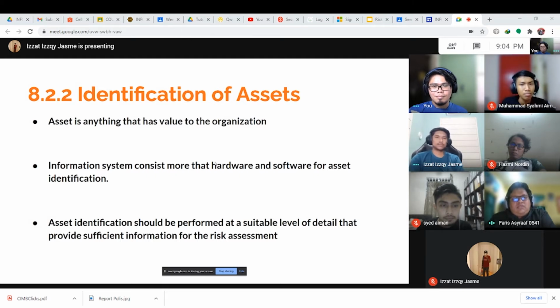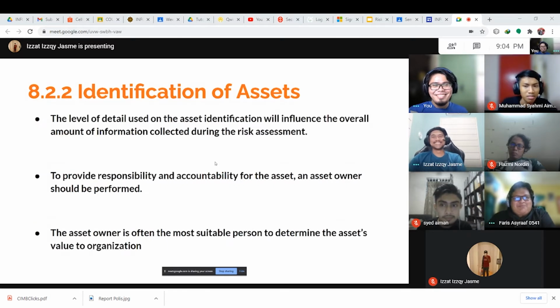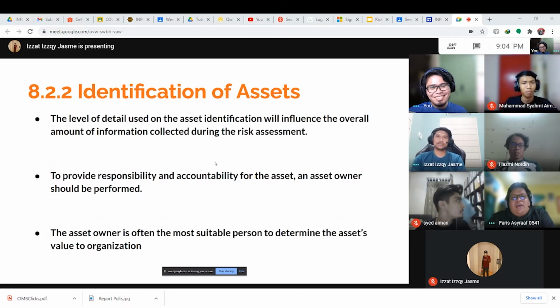Asset identification should be performed at a suitable level of detail that provides sufficient information for the risk assessment. The level of detail used in the asset identification will influence the overall amount of information collected during the risk assessment. To provide responsibility and accountability for the asset, an asset owner should be identified. The asset owner is often the most suitable person to determine the asset value to the organization.